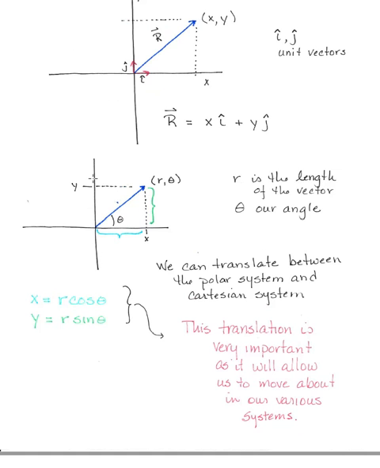And again, we talked about how we can convert between the 2 coordinate systems. If I'm in r and theta, we can use our trigonometry to give us our x component, or the scalar in our x direction. And we can use trigonometry to give us the y component, or our y scalar in the y direction.